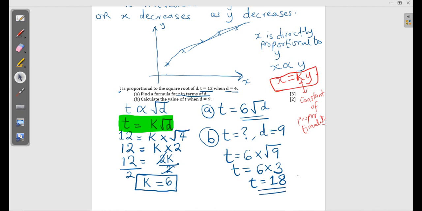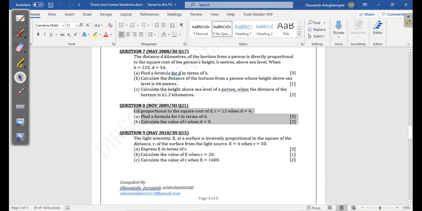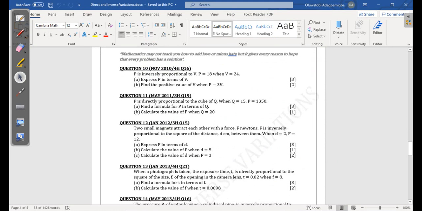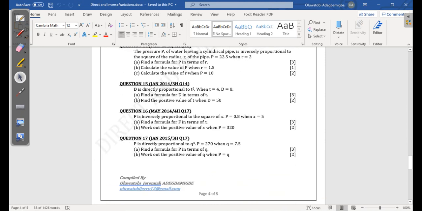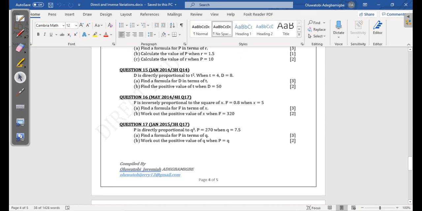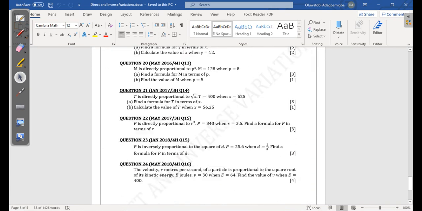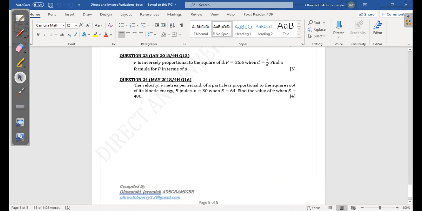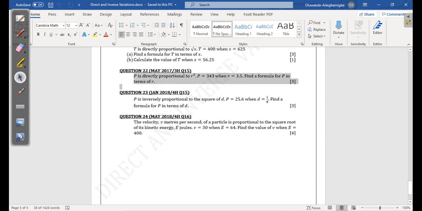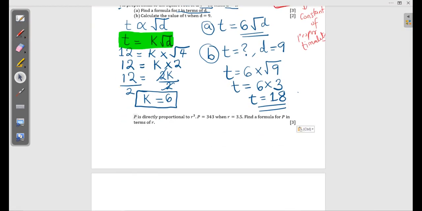Okay. So to solidify our understanding, let's look at one or two more questions on direct variation. Okay, it says P is directly proportional to R raised to the power of 3.